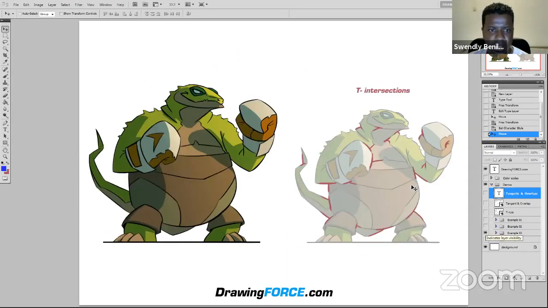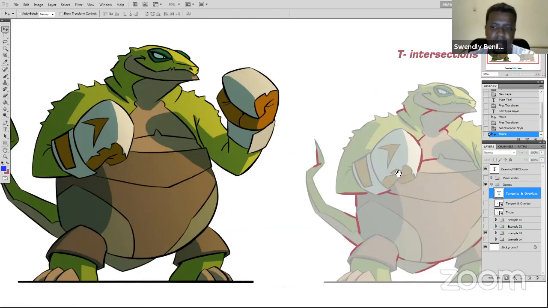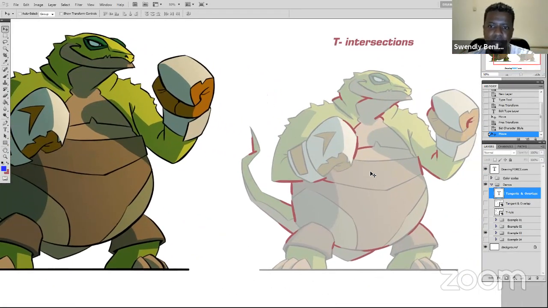Now, here we have another example of a character design, and notice all the T intersections again, both at the contour as well as on the inside. Again, I went in here and made sure that everything is clear. You know, this is not by accident.